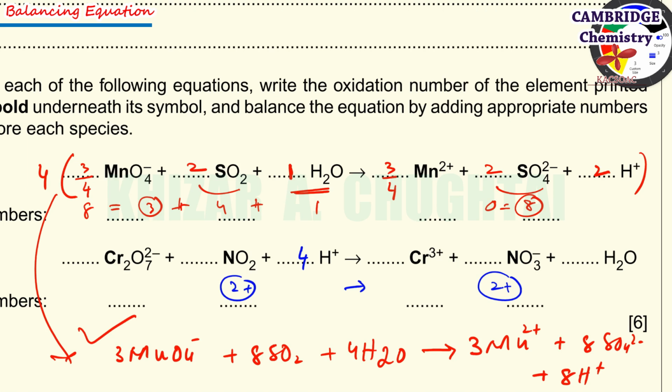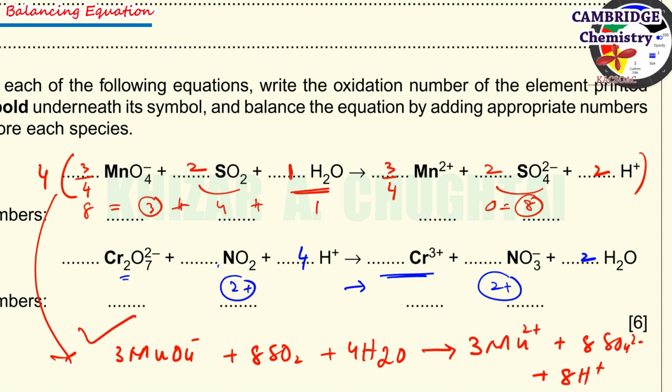Now it's time to balance the other species. It is easier to balance the chromium. Here is 2 and there is only one single ion of the element that can be balanced at the end. NO3, H2O. I'm going to balance hydrogen, multiplying it 2 over here. So how many oxygen atoms now? 2 plus 3, 5 oxygens are there.